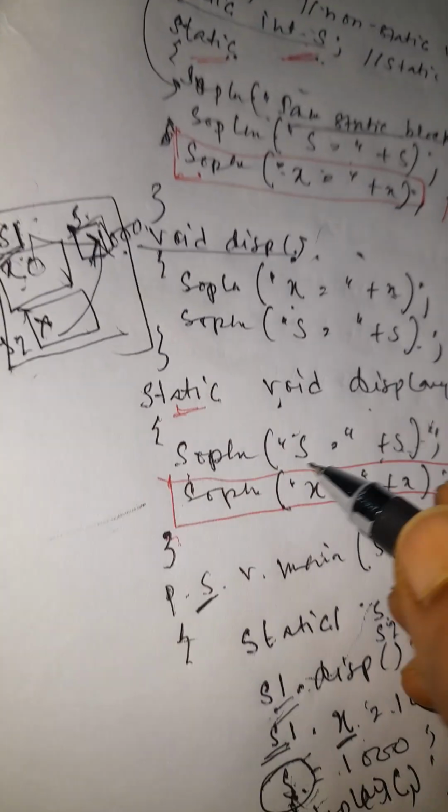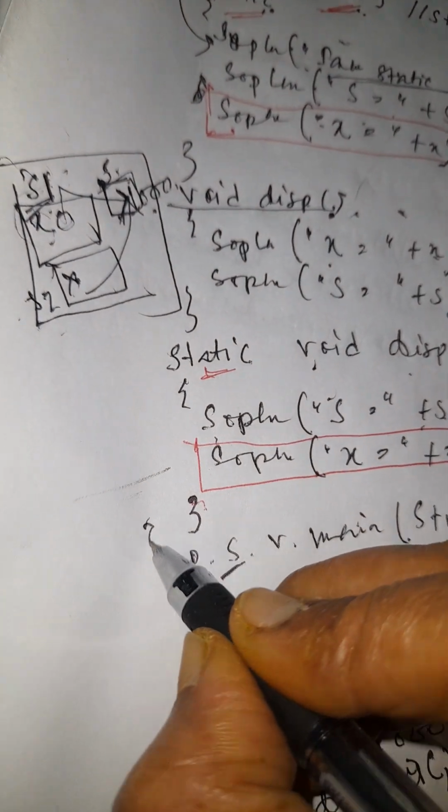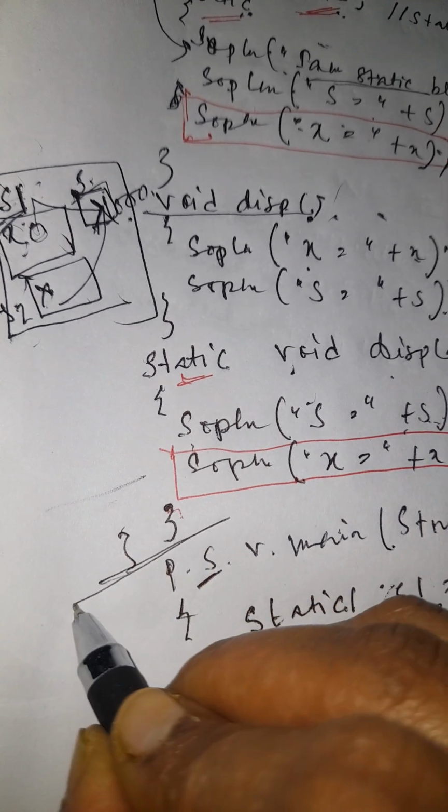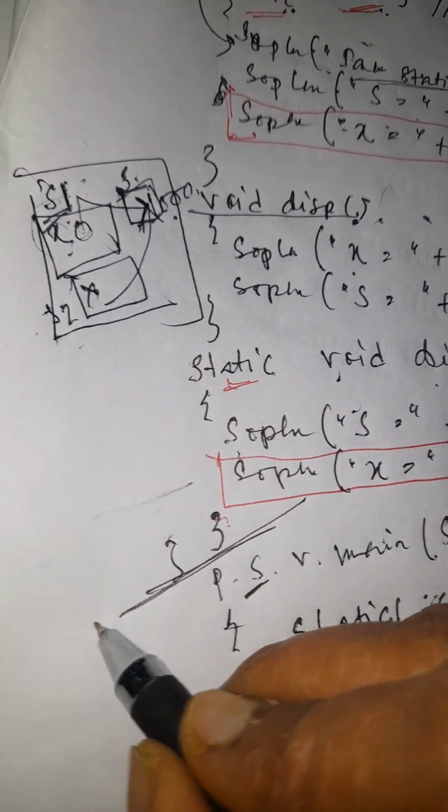But maybe you close your class here. This public static void main may be in one more class outside. I close that class declaration. Now I declare one more class where I declare my main function, public static void main string args.